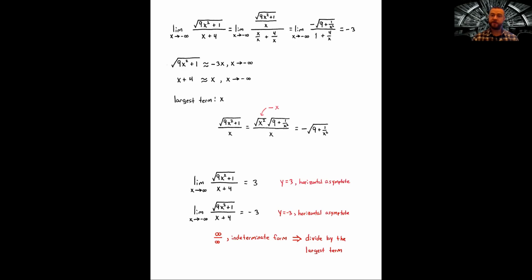For infinity over infinity, our algebraic trick is dividing by the largest term, dividing everything within the numerator and denominator by whatever the largest term is. The largest term is usually x to a power or an exponential function.